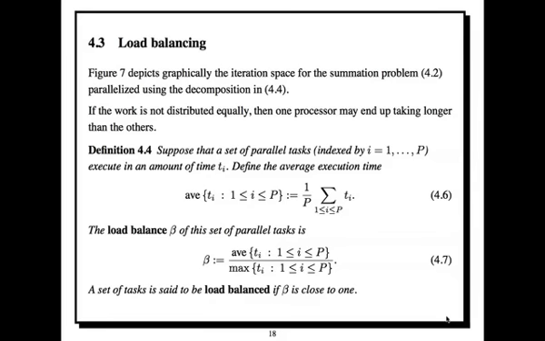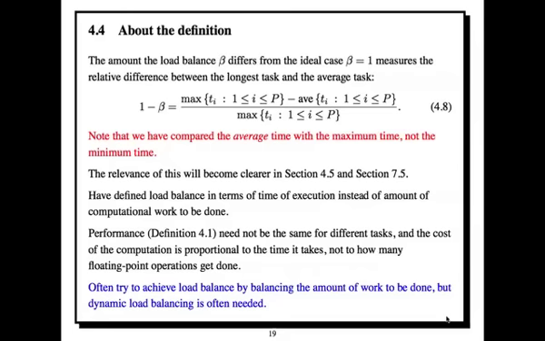So if that parameter is 1, the average is equal to the max. It means all the T_i are the same, so there's no load balance problem. Beta is always between 0 and 1, and if beta goes to 0, then the load balance is bad. So 1 minus beta is the difference between the maximum and the average.